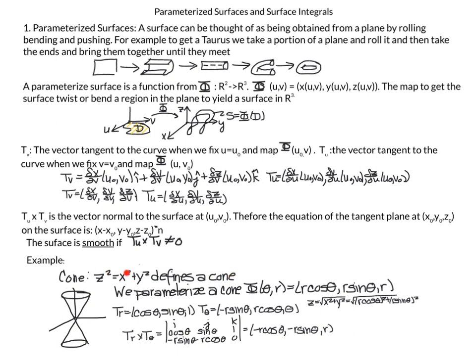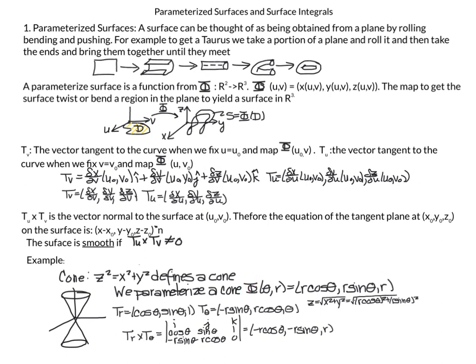Actually, we did talk about this a little bit in chapter 2 when we talked about graphing functions. But we'll talk about parameterizing a cone now. We can think in 2 dimensions. We can have a theta coordinate and an r coordinate, and that's in the plane. It'll define an area in the plane.